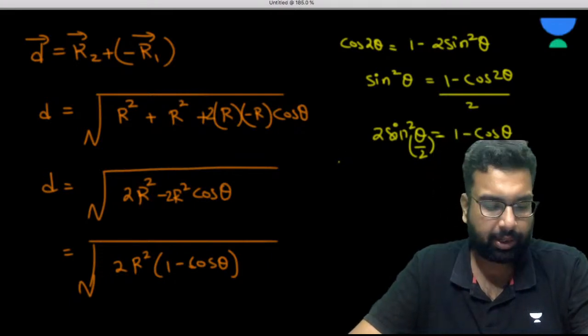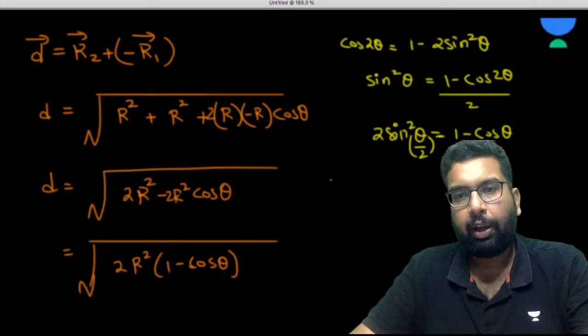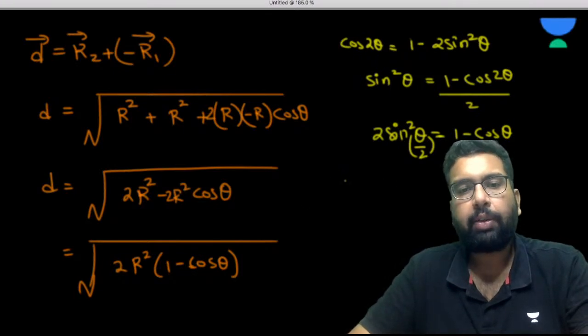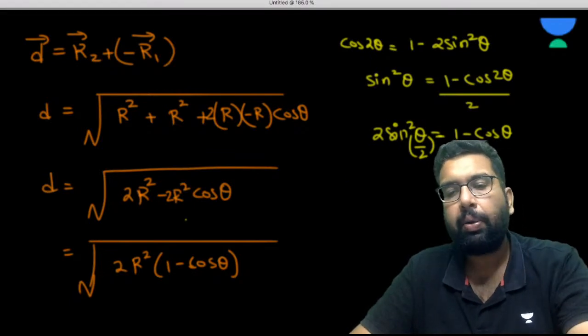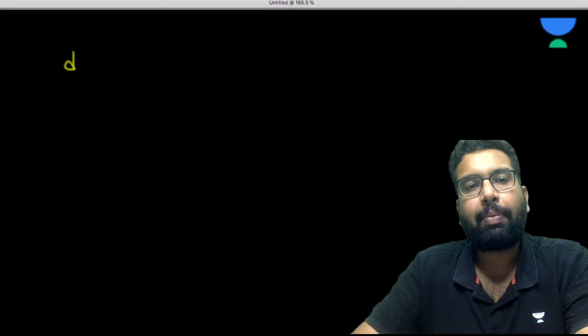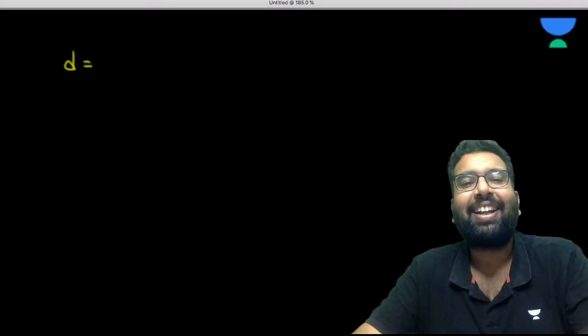Do you agree? So 1 minus cos theta becomes 2 sine square theta by 2. See, some trigonometry is involved. This is simple mathematics. Don't be afraid of this much mathematics yet.